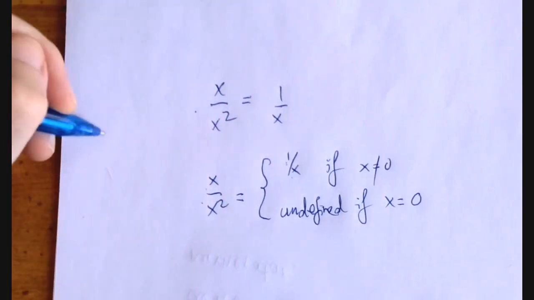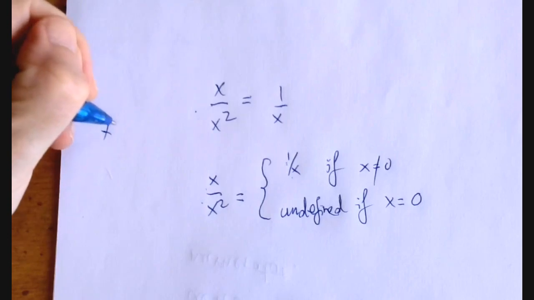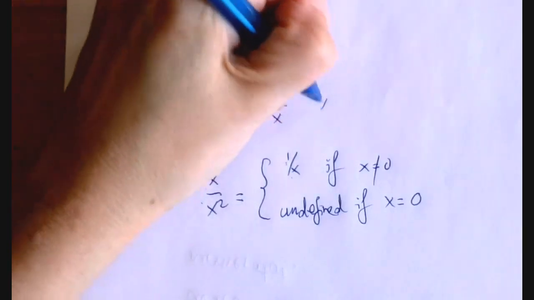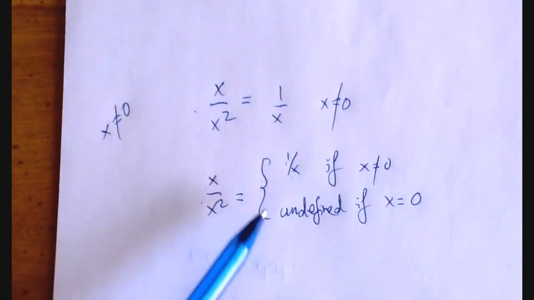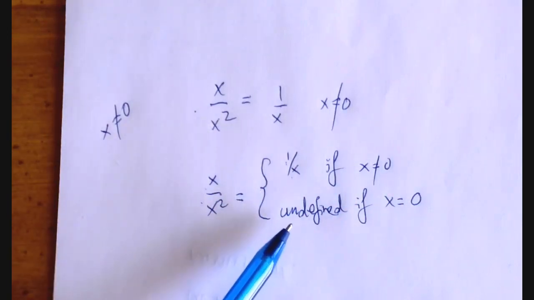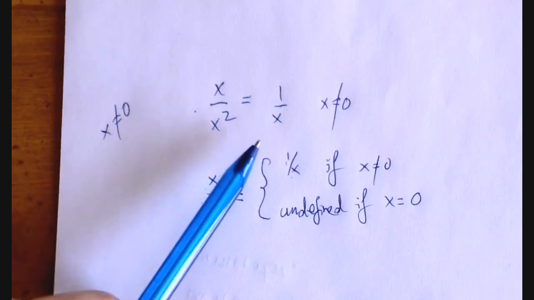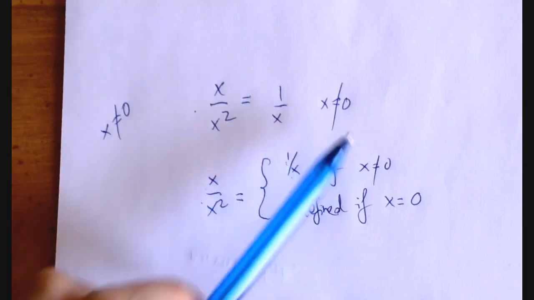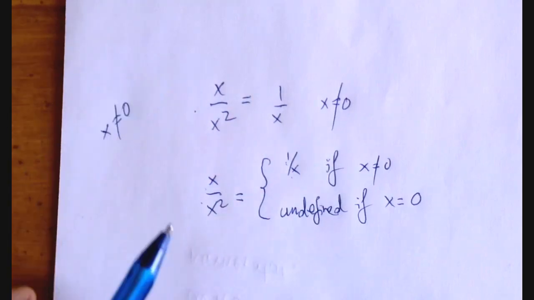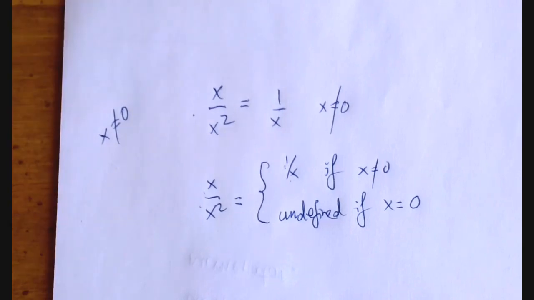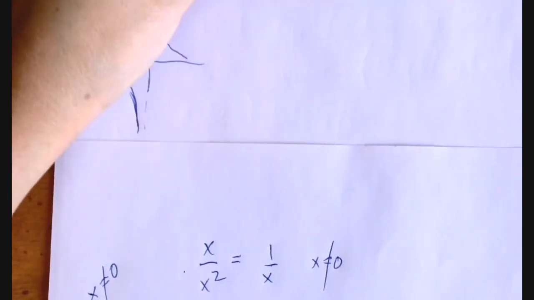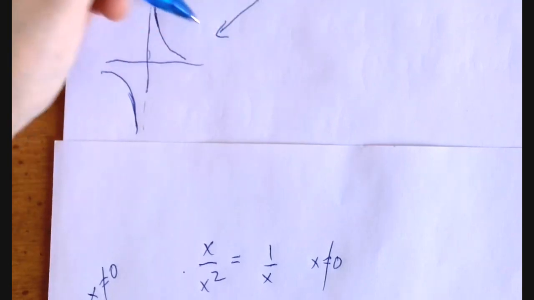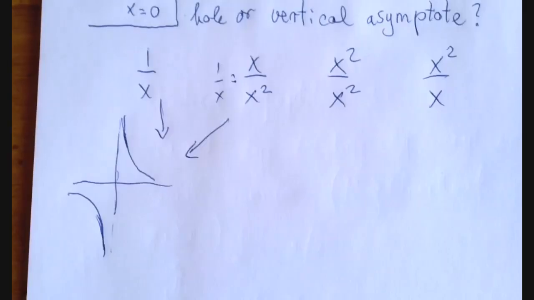The domain of this is x cannot be 0, and the domain of this is x cannot be 0. So, yes, we are allowed to do this, but we actually don't have to, because the formula itself still reminds us that x cannot be 0. So that information need not be expressed separately. So in this case, this is really 1 over x, and so it's the same graph, right? It's a vertical asymptote.